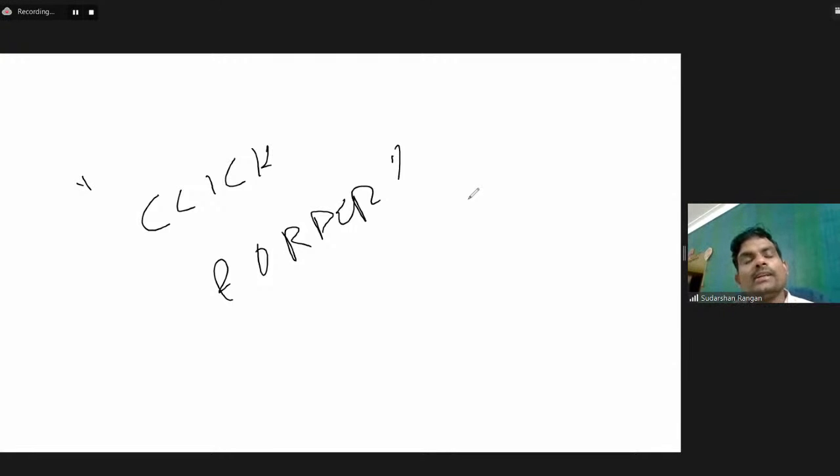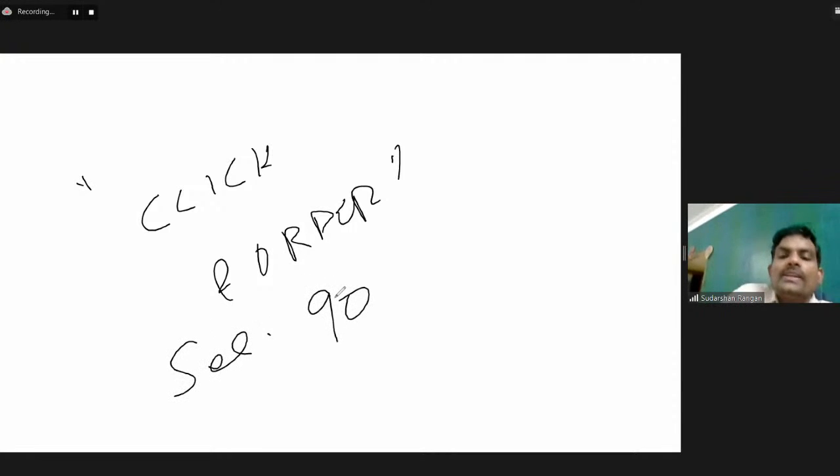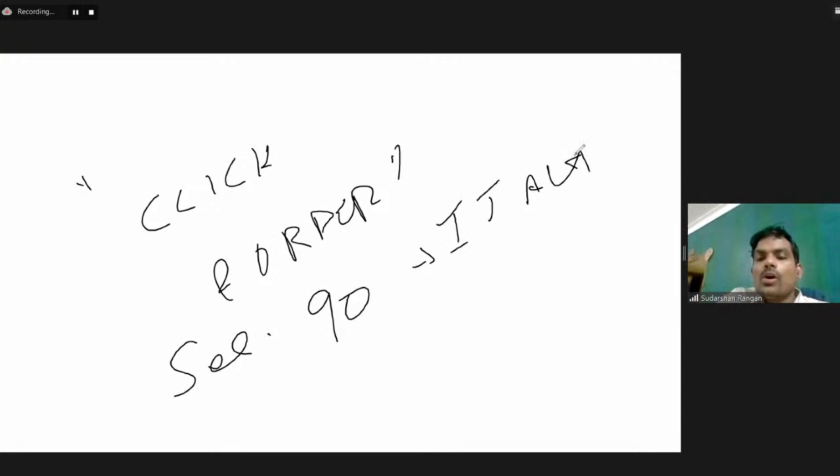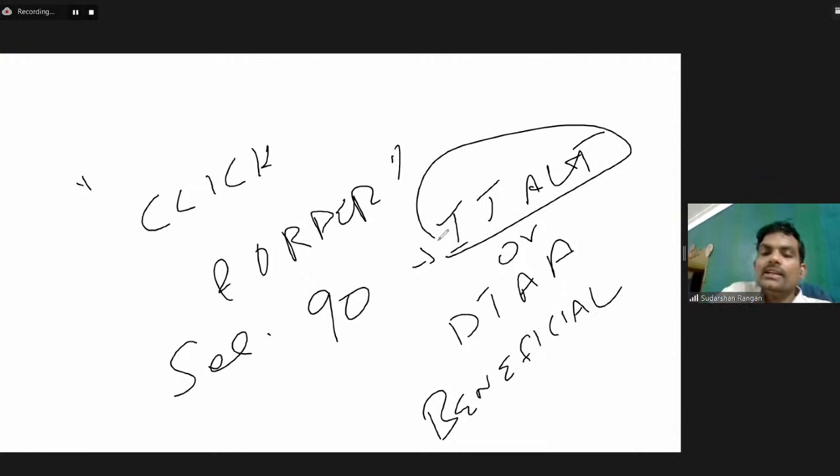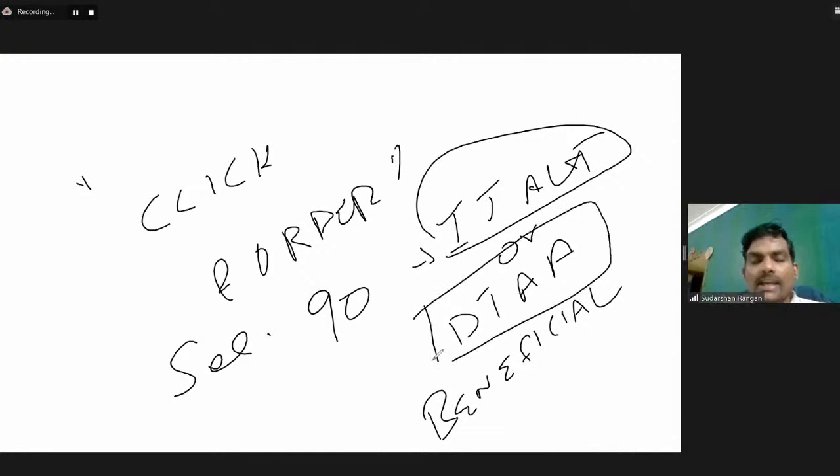So even assuming you change the act, even you amend the act, what will happen? Section 90 will come for the foreign companies' relief, which says Income Tax Act or DTAA, whichever is beneficial to the assessee, I can take. So even if you amend the definition under the act, the treaties will still contain the same definitions.